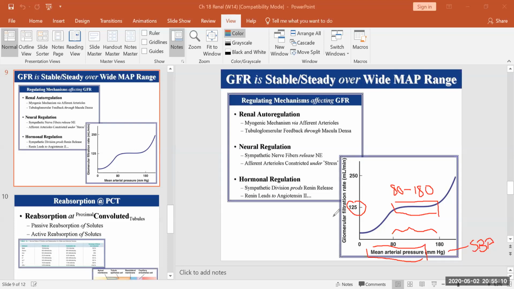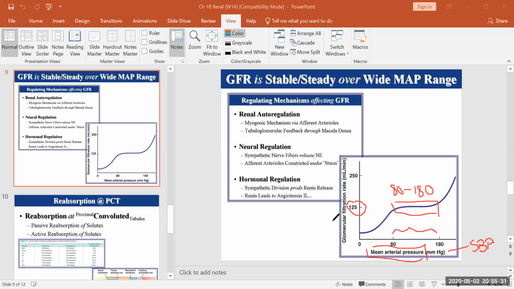If the glomerular filtration rate is not the same, it means blood pressure inside the glomerulus is not regulated, and over the long term the glomerular filtration membrane will be destroyed. This is an important concept.